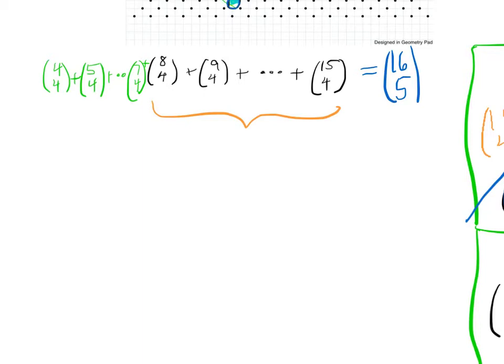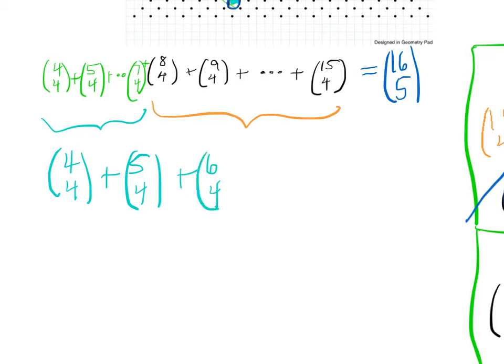So that means we've got to figure out what this stuff is so we can subtract it from 16 choose 5. So if we take this whole sum and we figure out 4 choose 4 plus 5 choose 4 plus 6 choose 4 plus 7 choose 4.